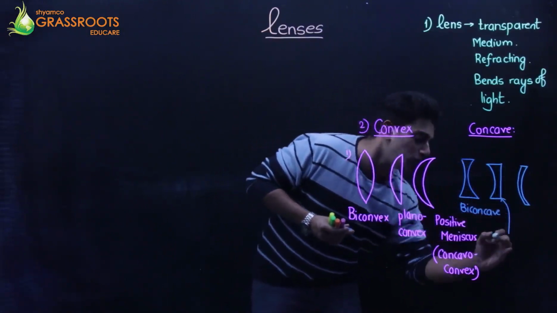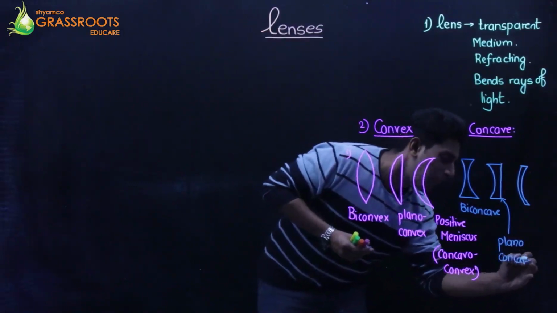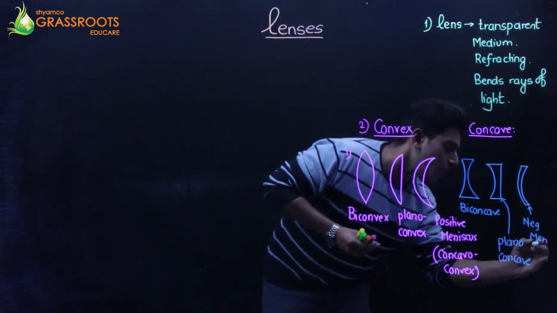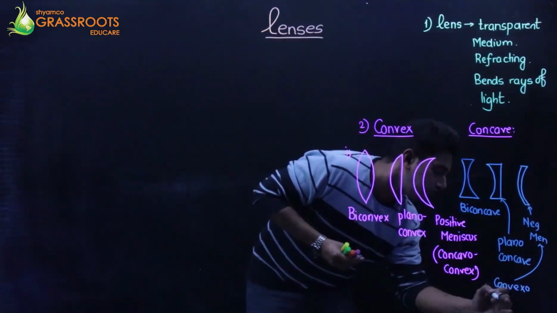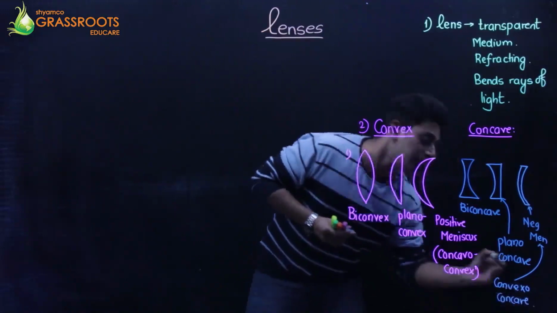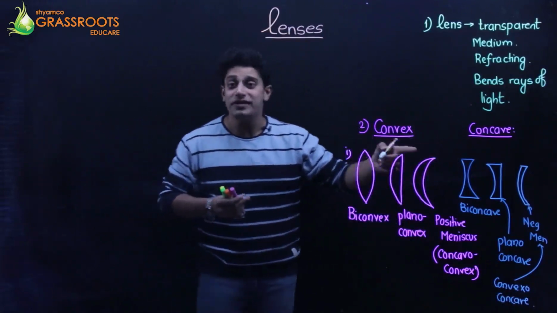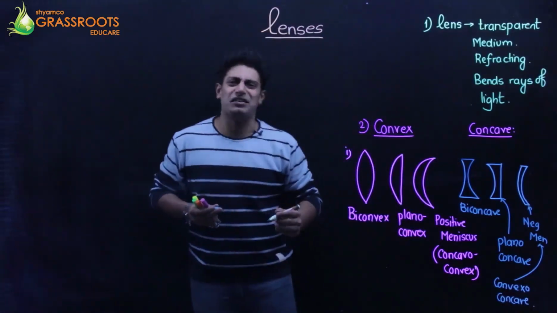This lens is going to be a plano-concave, and this is called a negative meniscus. We also call this a convexo-concave lens. तीन टाइप के कॉन्वेक्स और तीन टाइप के कॉन्केव लेंसेज है, which diagrams should be known.